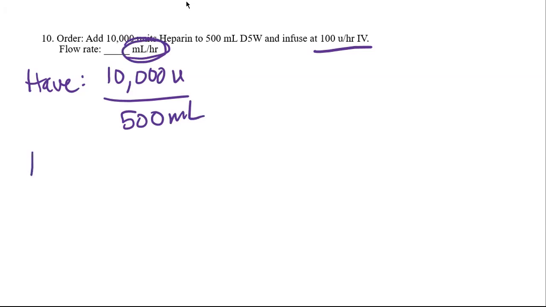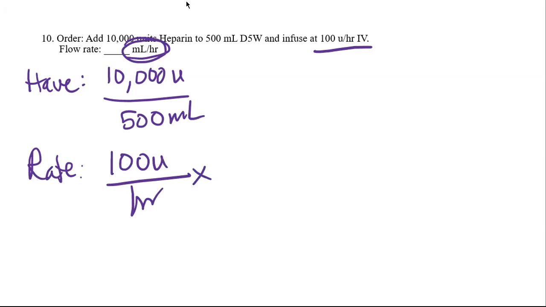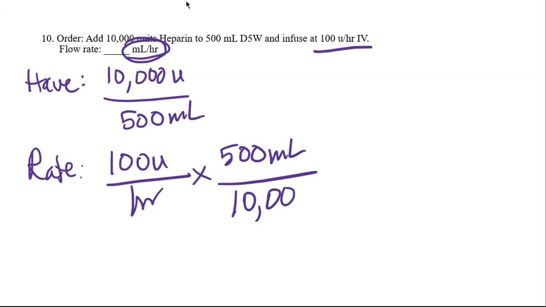Okay, so let's start with the rate. We're going to go 100 units per hour. And what we have here, we have to flip because we want to get rid of units. So we go 500 milliliters and 10,000 units. So we can cross out units. We've got mils per hour, which is what we have up here, so we're happy.